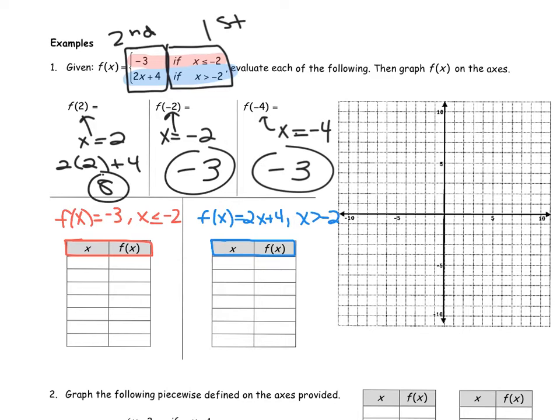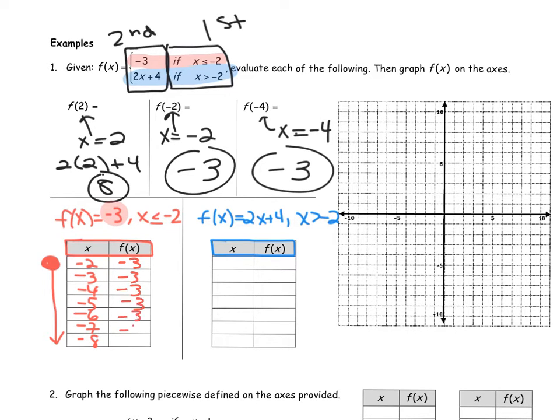So if I'm looking at all my x values being less than or equal to negative 2 for the first one, remember that closed circle with the arrow. So I have negative 2, negative 3, negative 4, negative 5, negative 6, negative 7, negative 8. The output is always negative 3. So all of my y values are negative 3.